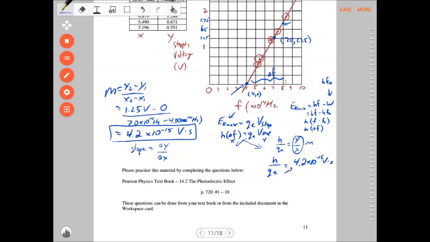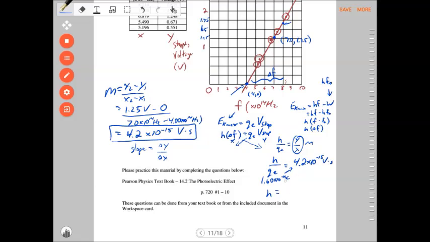However, if we multiply by QE, the charge of an electron, 1.60 times 10 to the negative 19 coulombs, watch this. We multiply 4.2 times 10 to the negative 15 times 1.60 times 10 to the negative 19 coulombs.